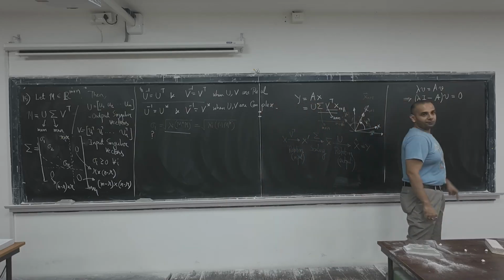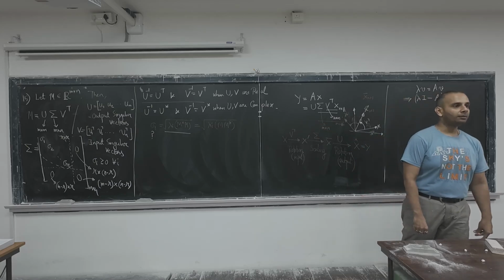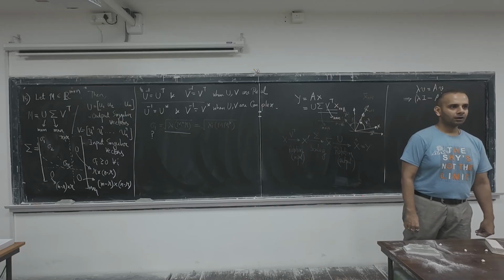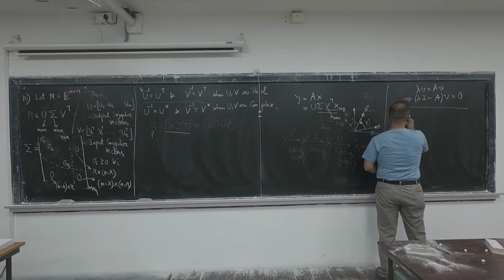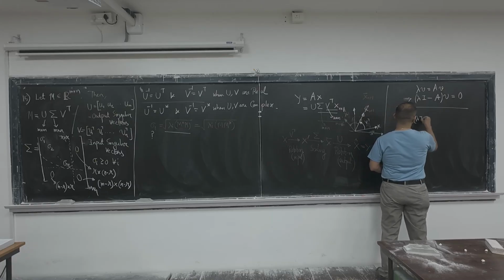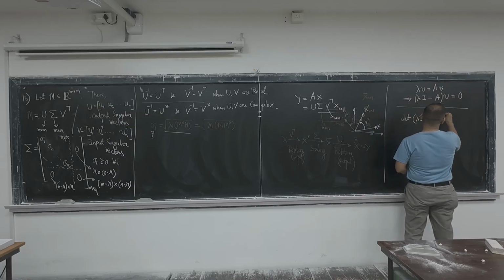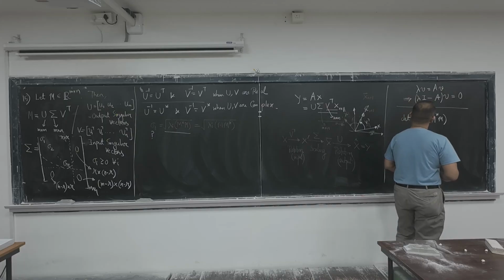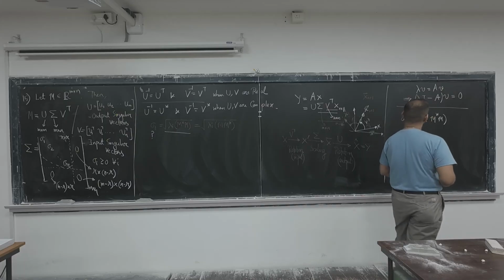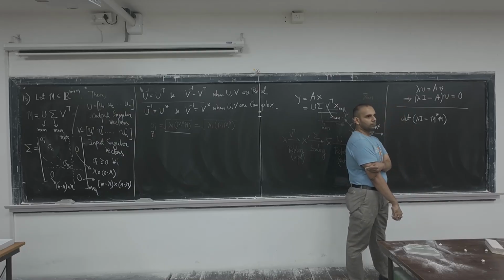Now, instead of A, if we take M transpose M or M transpose, what will happen? That is, if I ask you for the determinant of lambda I minus M transpose M, lambda will give the singular values of M.